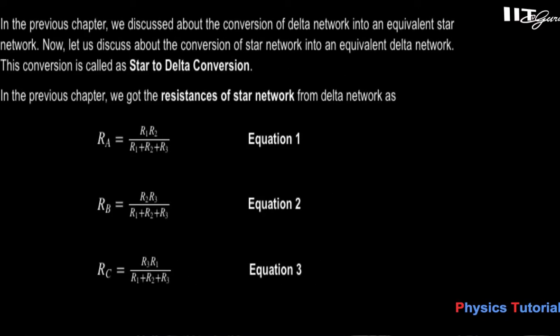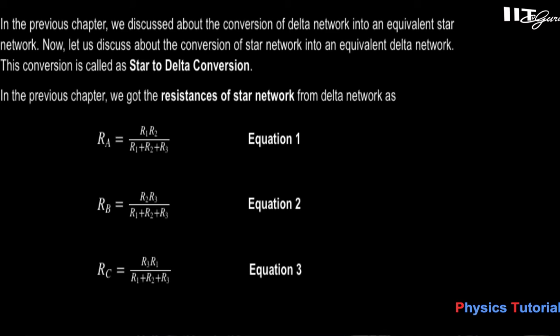As in the previous chapter, we have discussed conversion of a delta network into an equivalent star network. Now let's discuss the conversion of a star network into an equivalent delta network. The conversion is called star to delta. As we have discussed delta to star, now we have to go for star to delta. Let's see.